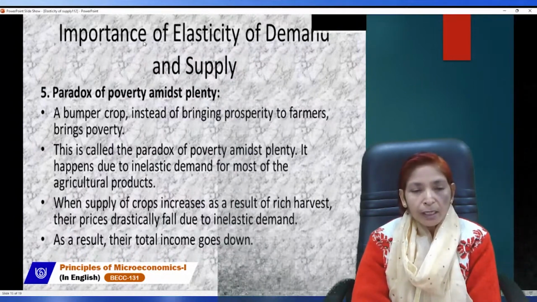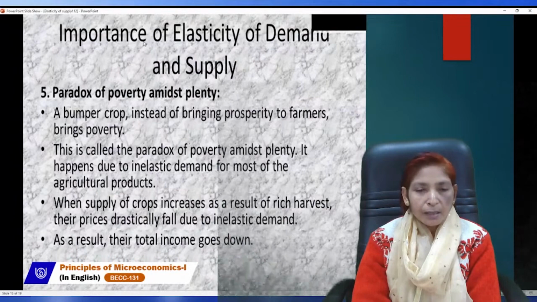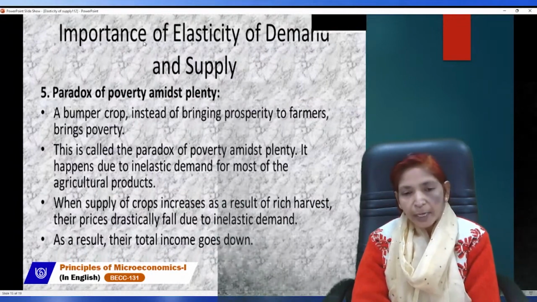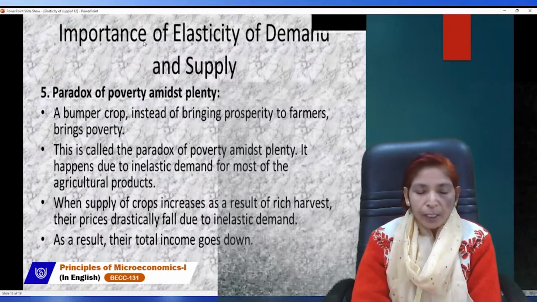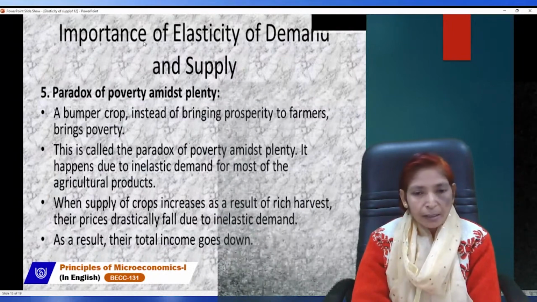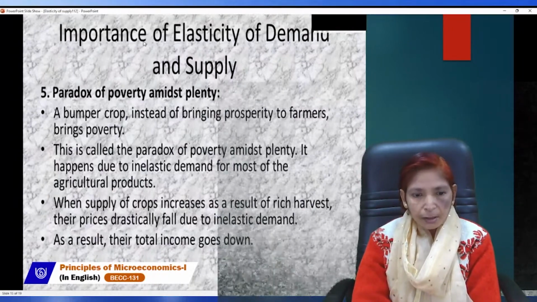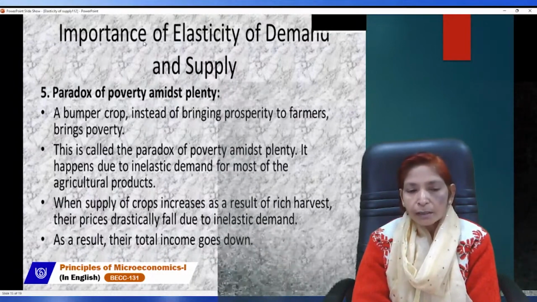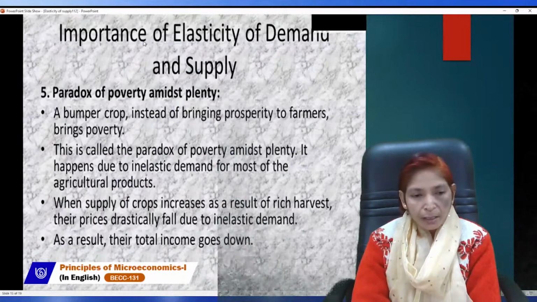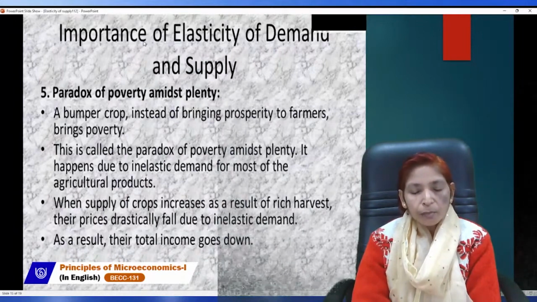So demand for agricultural products is always inelastic, but supply depends upon nature. When the supply of crops increases as a result of a rich harvest, the price falls drastically due to inelastic demand. As a result, their total income goes down.